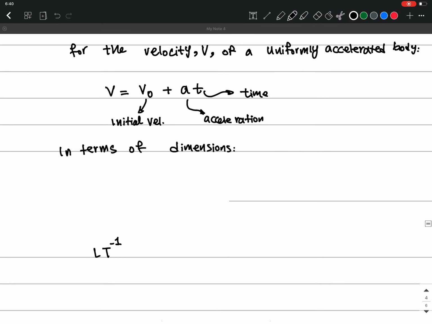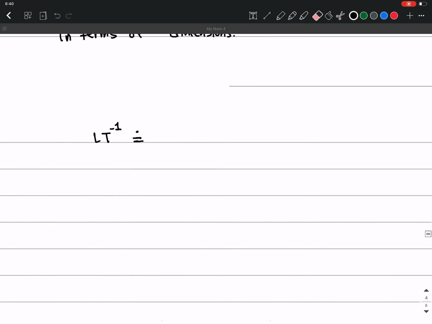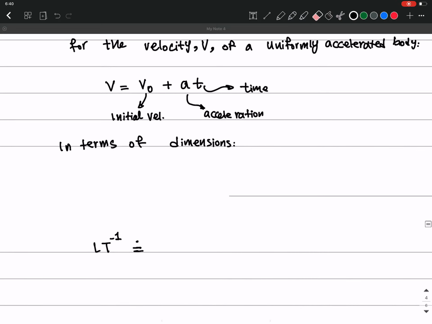And it should match the dimension of the right-hand side, okay? So let's see if it does or not. So the second term is velocity again. So as you see here, it is still a velocity, say initial velocity. So the dimension of that is going to be also LT minus 1.